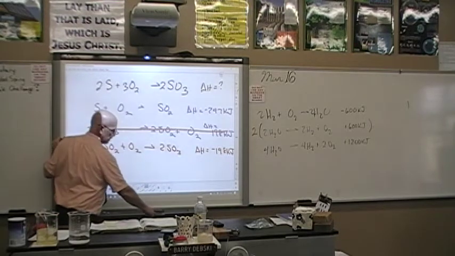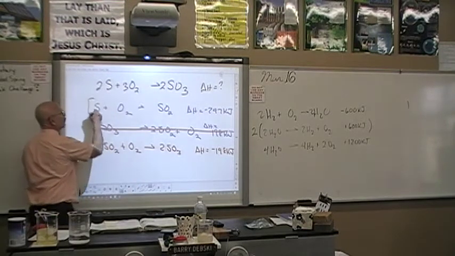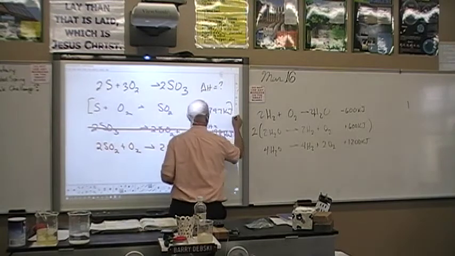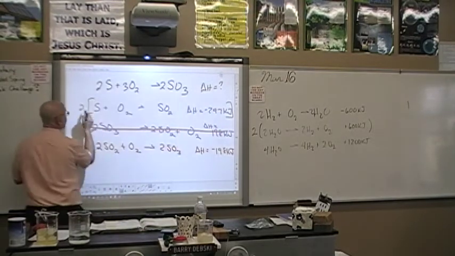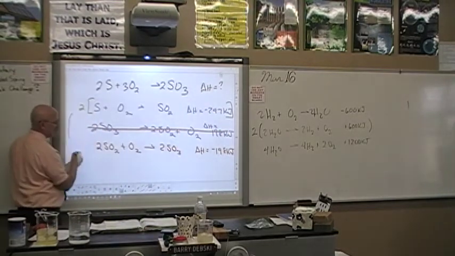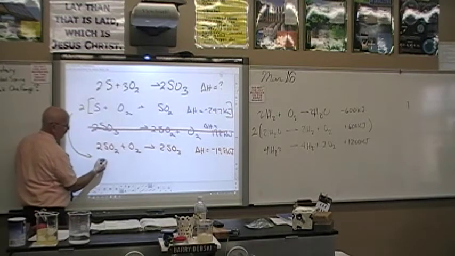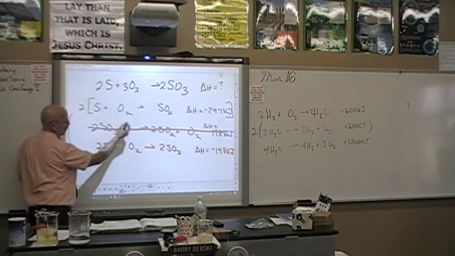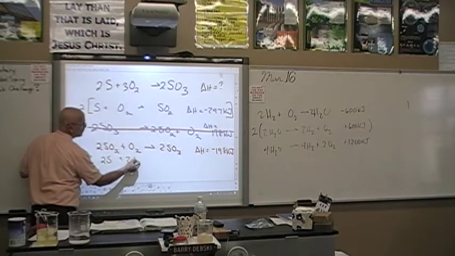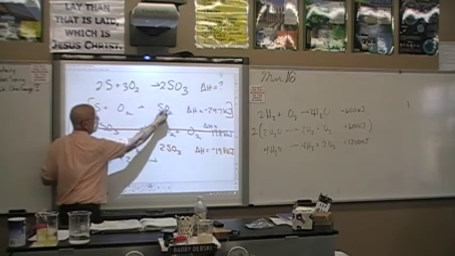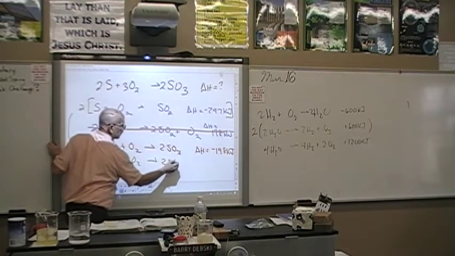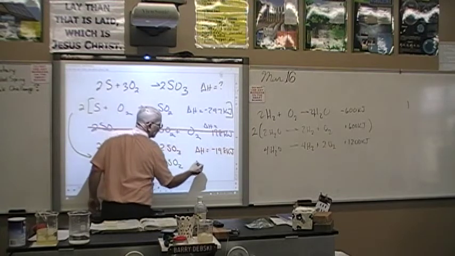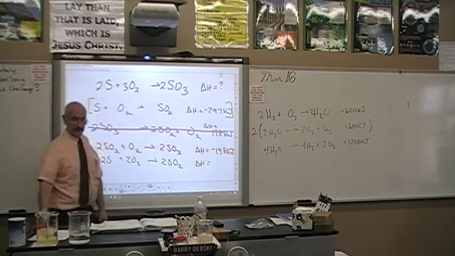So let's picture a giant bracket here or something like this. We're going to multiply everything by 2, and we're going to rewrite it down here. So 2 sulfurs, 2 O2s produces 2 SO2s.